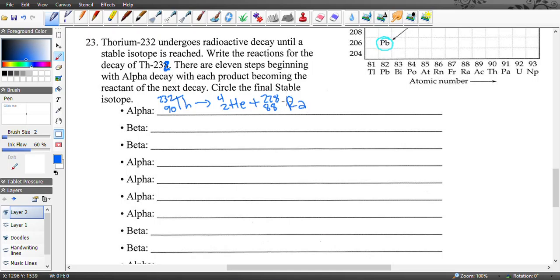Okay, so as we go, we're just going to continue with the ending result, because it's saying it's undergoing decay until it reaches stable. Okay, so 228, 88, Ra, beta decay, 0, -1, e, so 228, 89, and when we look that one up, it's going to be Ac.